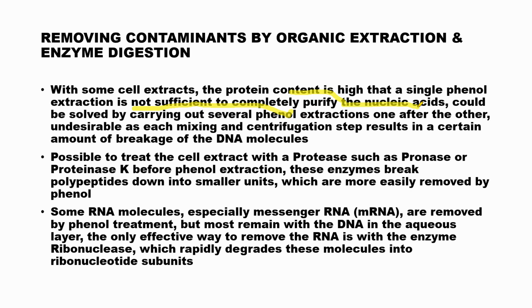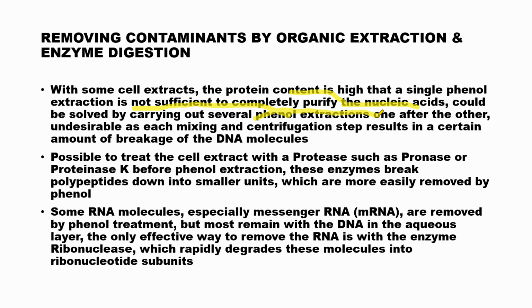With one extraction, we may not be able to remove the proteins completely, because in some cells the protein content will be very high. In that case, what is going to happen? Then we have to do several phenol extractions. Number one, we get the aqueous layer with DNA, RNA and a little protein.